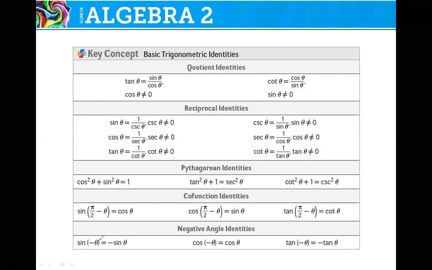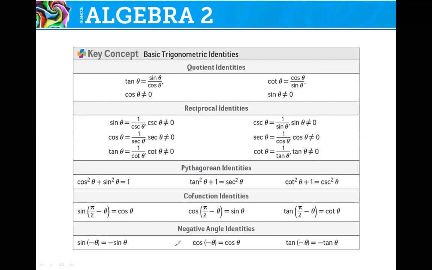Here, if the angle is negative and we want to find the sine of a negative angle, we get the sine value and put negative before it. For example, I need to find sine negative 60. It's equal to negative sine 60. We get the value of sine 60, which is root 3 over 2, and put negative before it. So if you have a negative angle and we want the sine of it, the result will be negative.